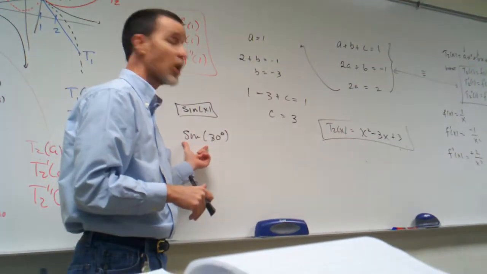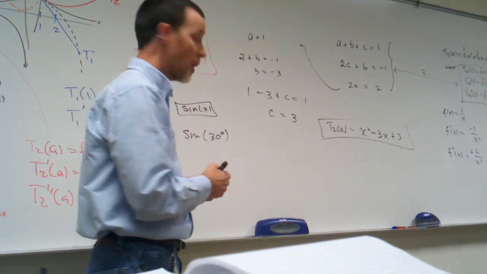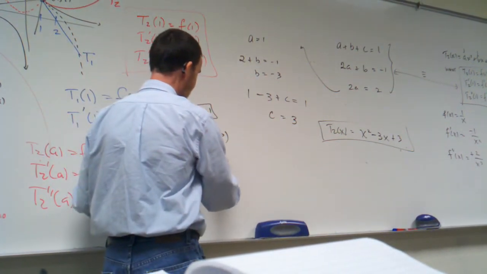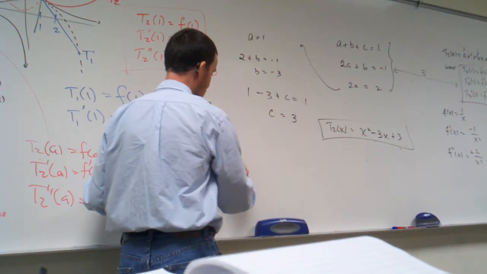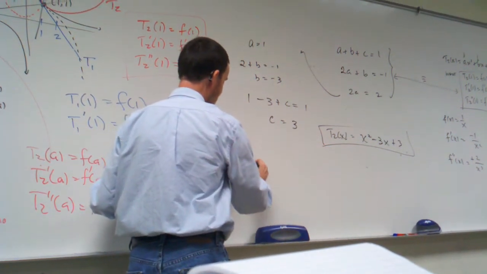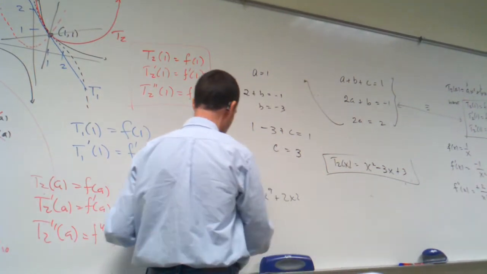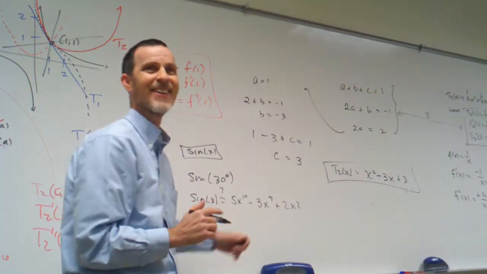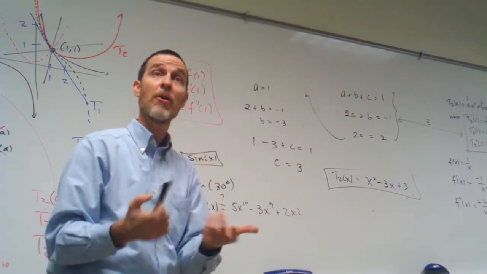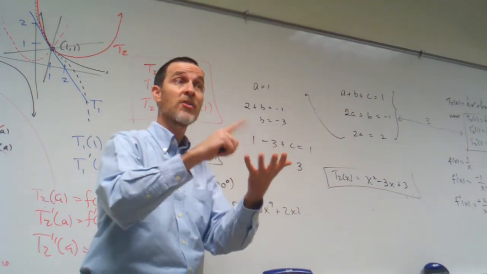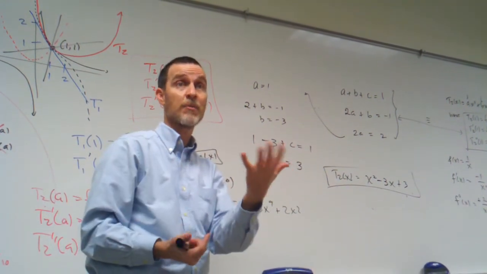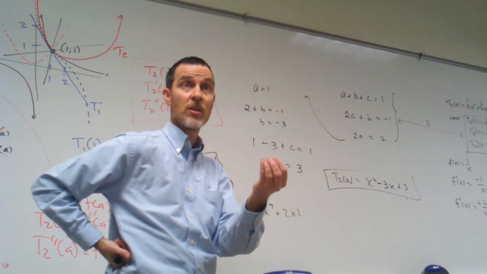But the chip doesn't know what sine is. But if you could write sine of x as 5x to the 10th minus 3x to the 9th plus 2x squared, it's not quite there. But if you could write it as a polynomial, then chips know how to add, subtract, multiply, and divide, right? That's basically all a computer chip does.